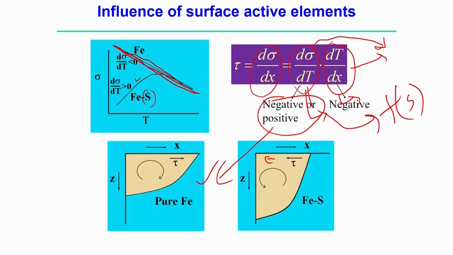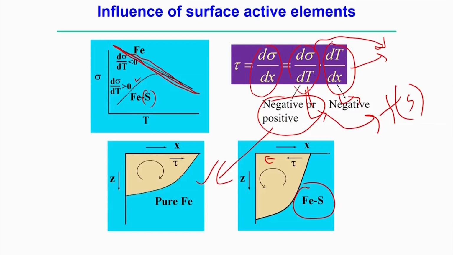Since the Marangoni shear stress is acting towards the center of the weld pool, it drives the liquid molten pool from the outward periphery to the inward direction. This is a complete reversal of the flow direction in the presence of the surface active elements. This is the system for pure iron, and along with the presence of any surface active elements, it modifies the direction of the flow pattern. Here it looks like the metal flow, or the flow field, is in an anti-clockwise direction.